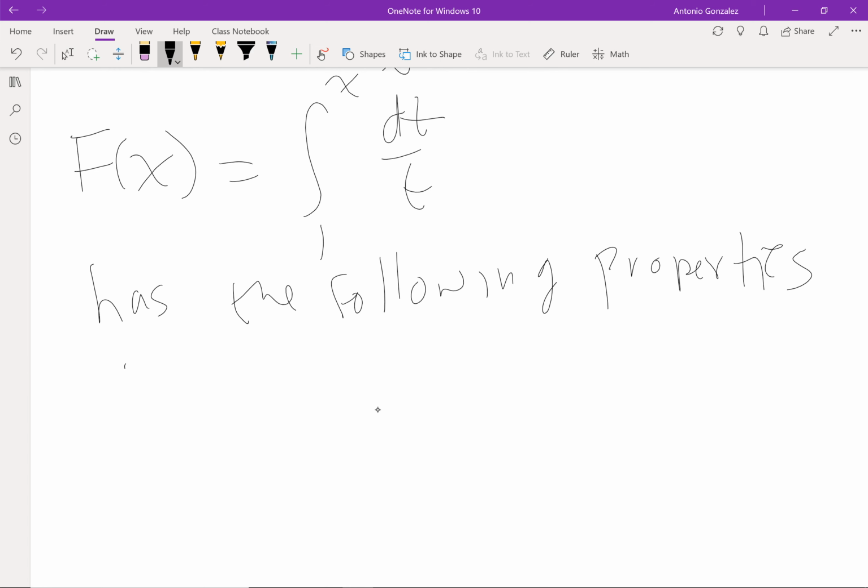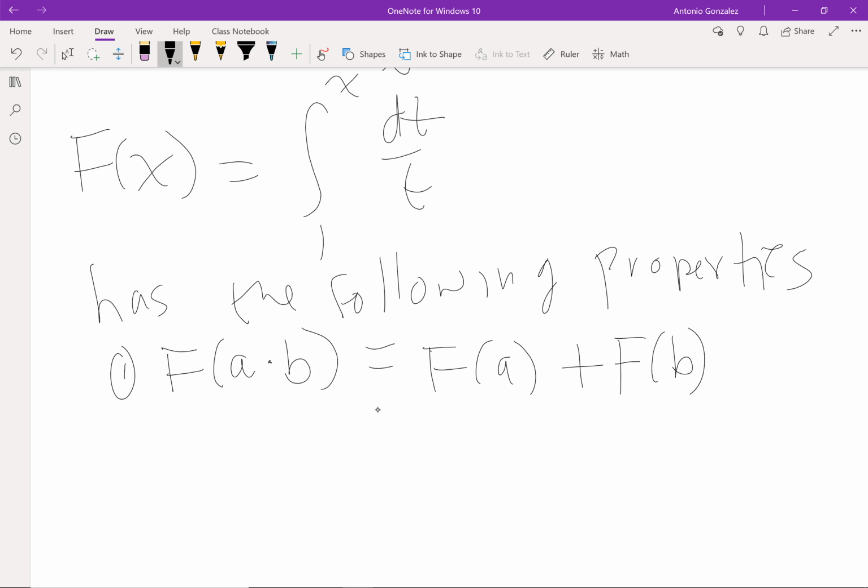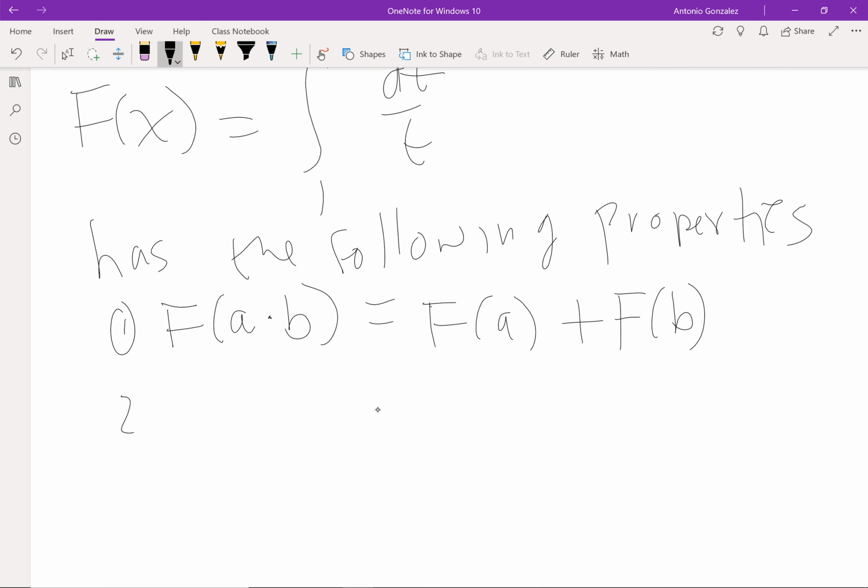The first one is that F of a times b, and it can be shown, and we will in fact prove this, is equal to F of a plus F of b. And F of a over b is equal to F of a minus F of b.